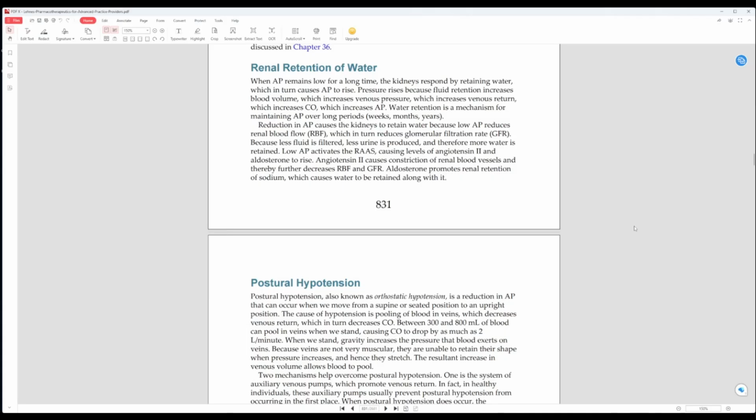Angiotensin II causes constriction of renal blood vessels and thereby further decreases renal blood flow, or RBF, and GFR, the glomerular filtration rate. Aldosterone promotes renal retention of sodium, which causes water to be retained along with it.